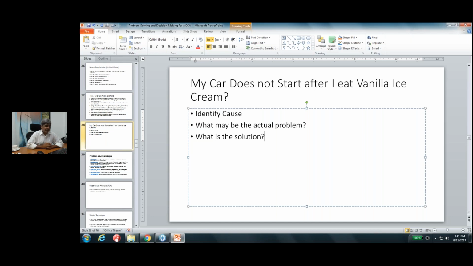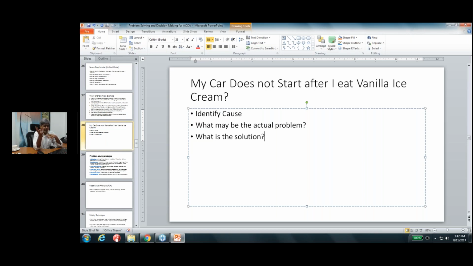There is no logic, it is very insane that vanilla ice cream has something to do with the car. So that is not the case, right? But observation suggested that there might be a problem whenever they eat vanilla ice cream and the car does not start, right?